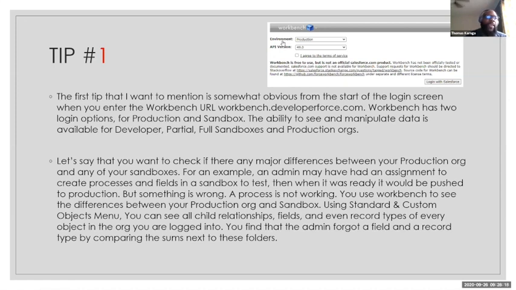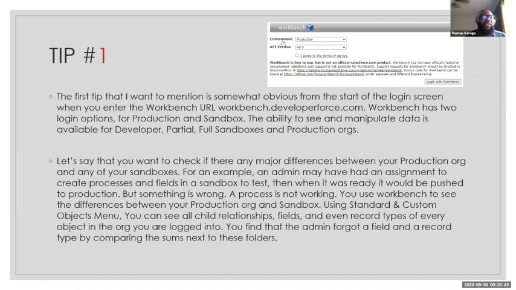Let's say you want to check if there are any major differences between your production org and any of your sandboxes. For example, an admin may have had an assignment to create processes and fields in a sandbox to test, and when it was ready, it would be pushed to production.